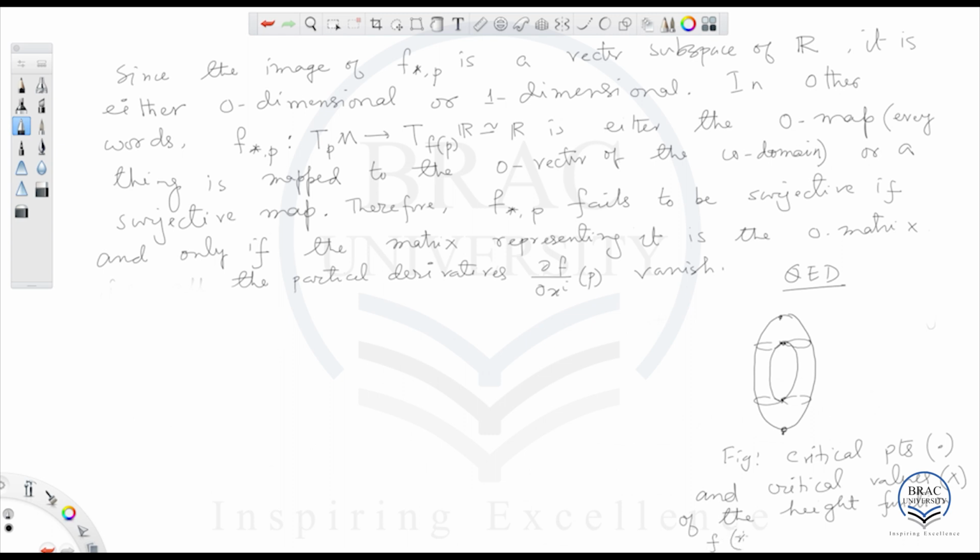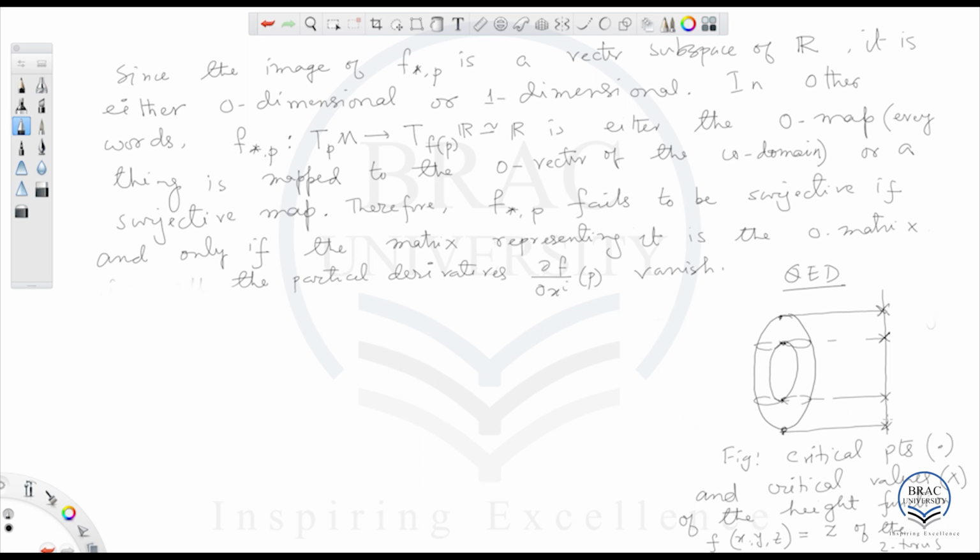What is the height function? f(x, y, z) is equal to simply z. Okay, we pick up the z coordinate of the two torus. So here is the real line, the z-axis. So this is going to be the image of this point here on R, and this is the image of that point, and this is the image of this point.